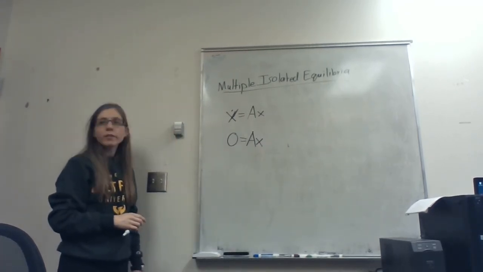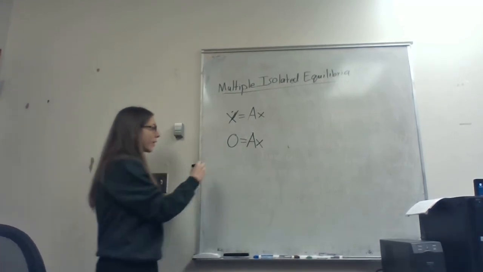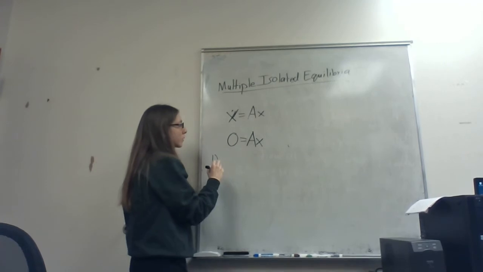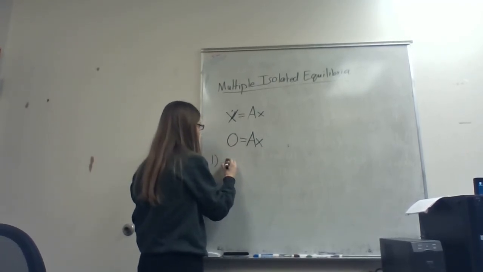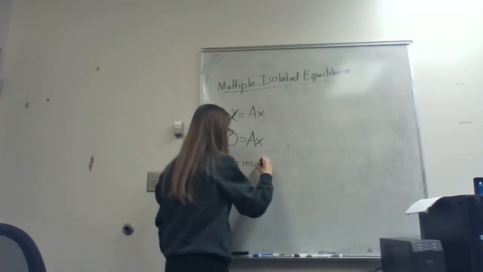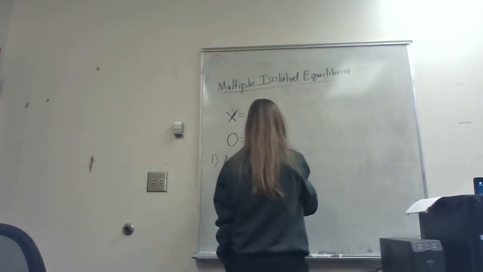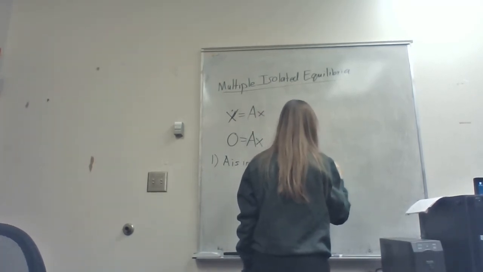There are several things that will happen at this point. This is a linear system. So either, for one example, A is invertible or has full rank. That's all linear algebra.